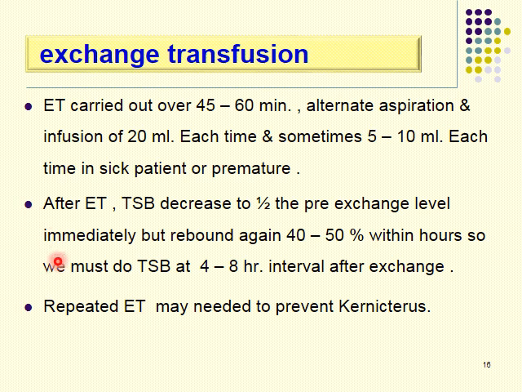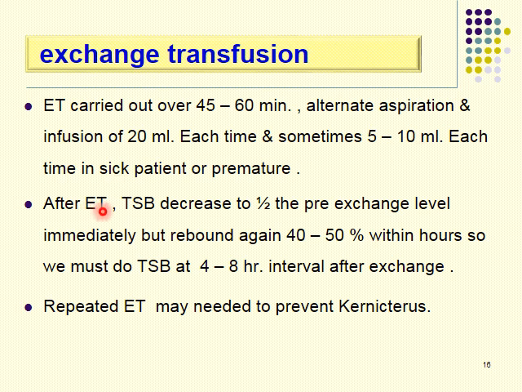Exchange transfusion is carried out over 40 to 60 minutes, with alternate aspiration and infusion of 20 ml each time, and sometimes 5 to 10 ml may be aspirated and infused in a small baby or in a sick baby with severe respiratory distress.